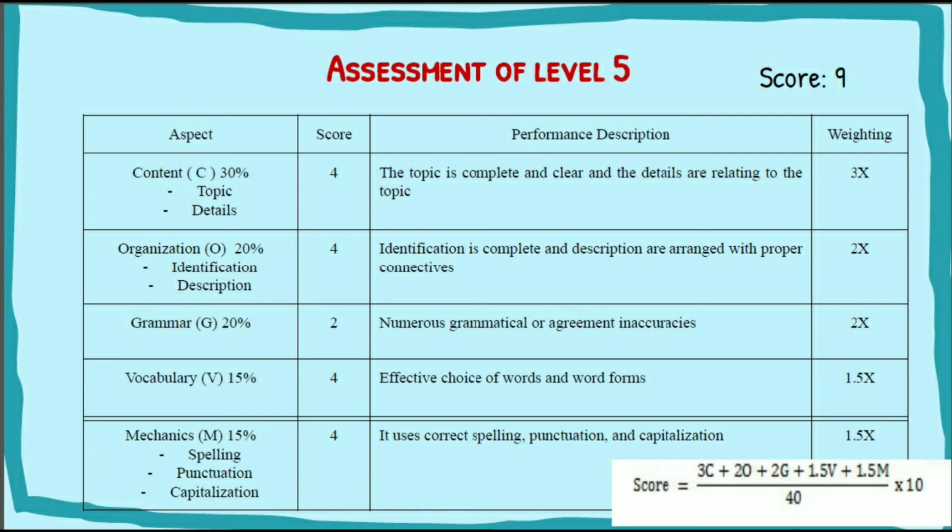The weighting for this aspect is times 1.5. So based on the formula of Brown, the score of this level 5 writing is 9.